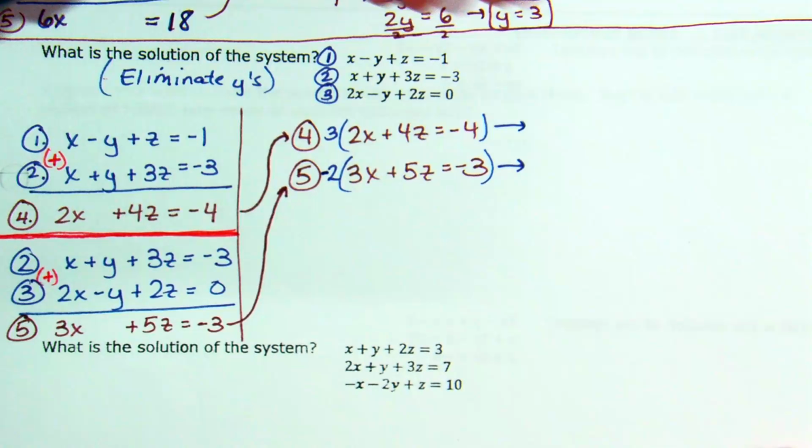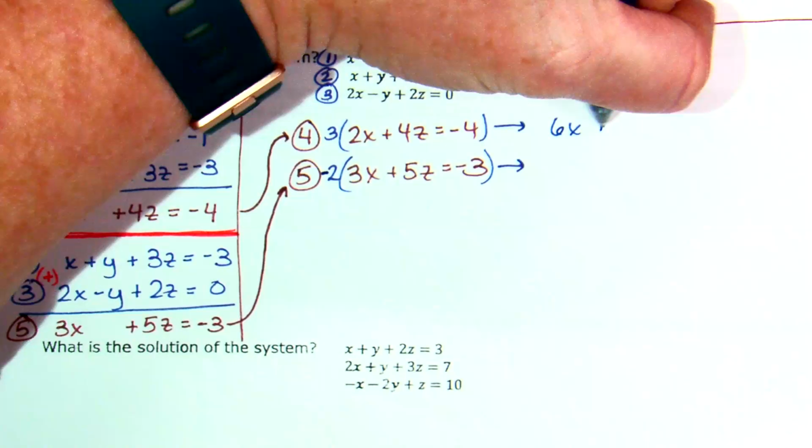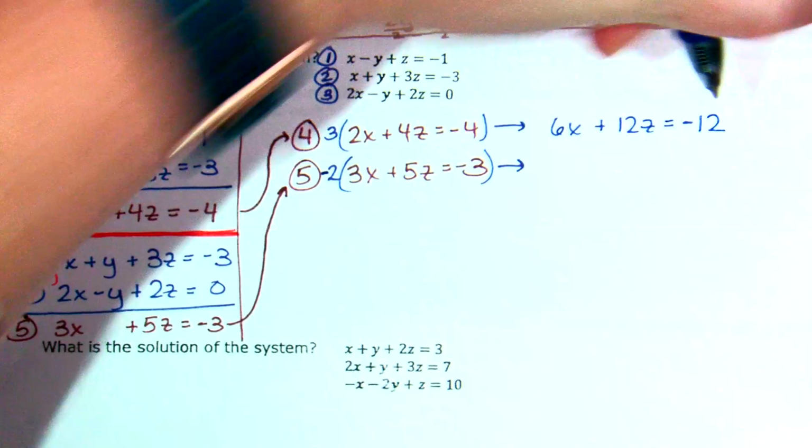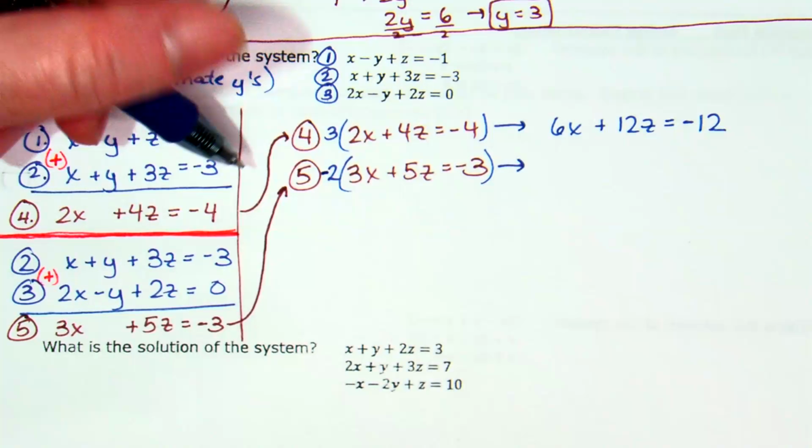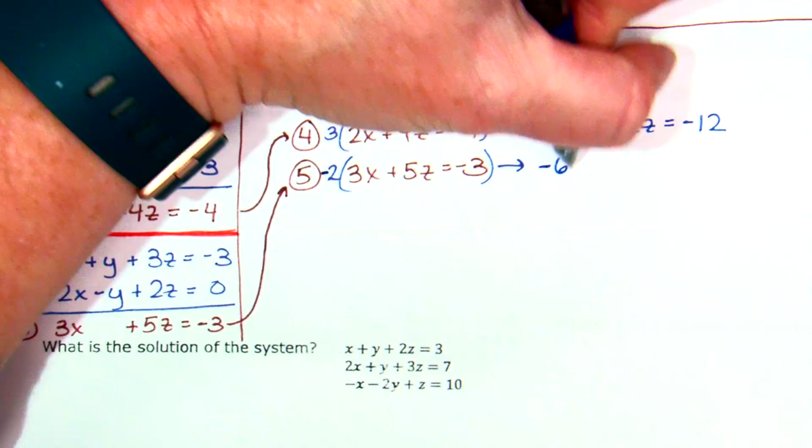Okay, so multiplying by 3, this top equation becomes 6x plus 12z equals negative 12. That is my modified equation 4, if you will. Again, I don't really number it, but that's what it is. And I'm going to do the same thing. Let's modify equation 5.